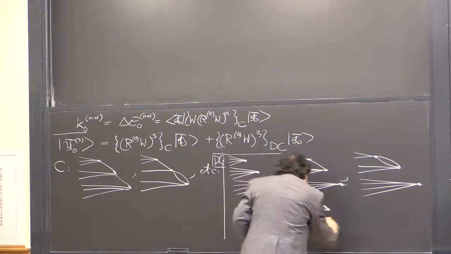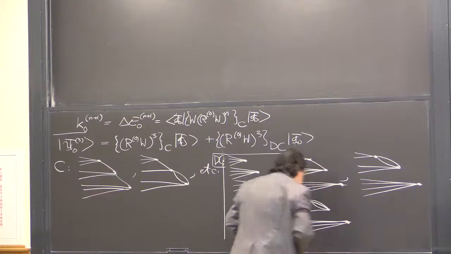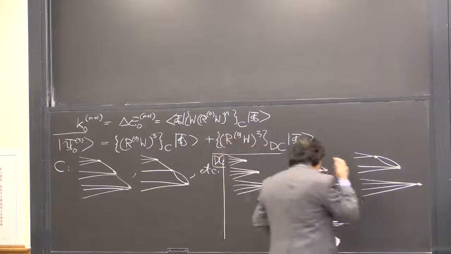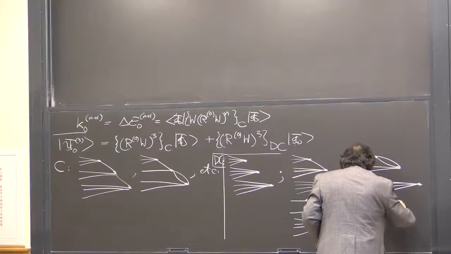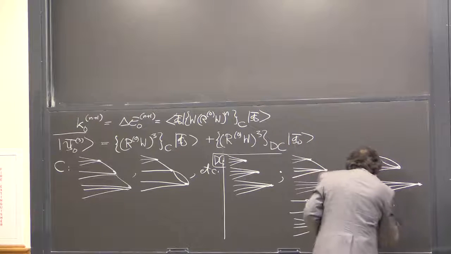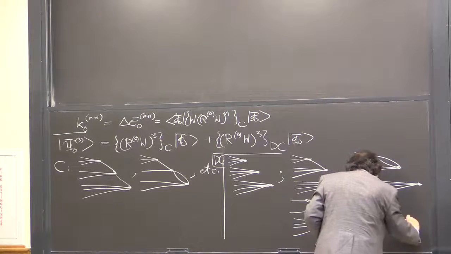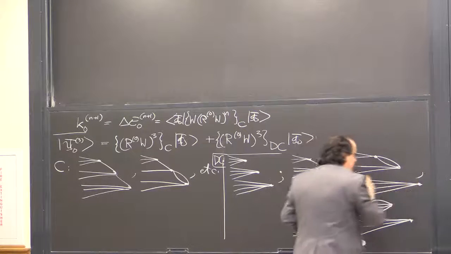Okay, and then we keep the third vertex separate. And then we could also connect two of the three vertices with four lines, and then keep the third vertex separate. Okay, comma here, I guess, comma here.